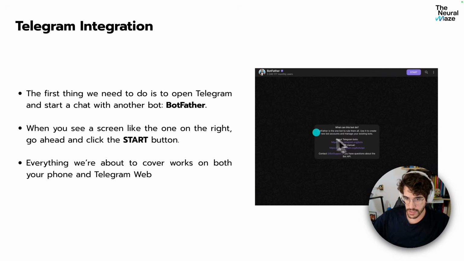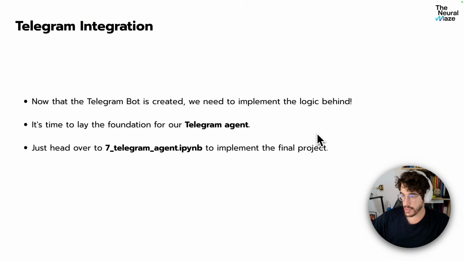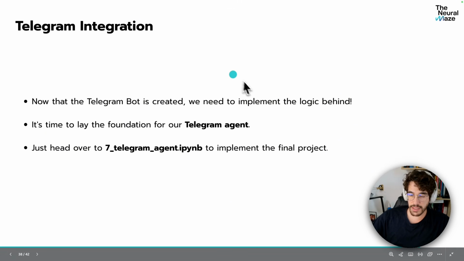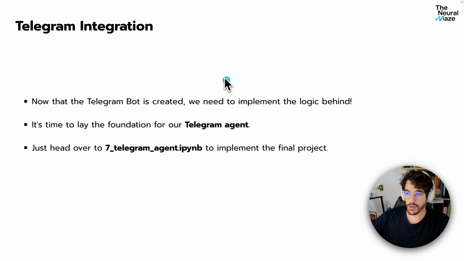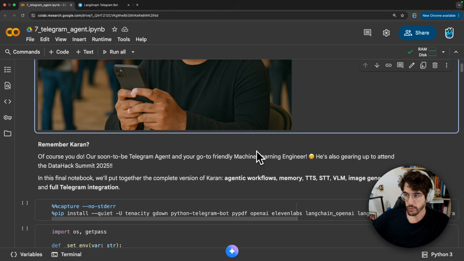Okay, so let me go to the slides again and let's see if I'm missing something. So the new bot command, copy the token and save it somewhere safe. We'll need it later. And I think, yeah, that's basically everything. So we have our Telegram bot created with BotFather, and now I'm just going to show you what the notebook looks like.